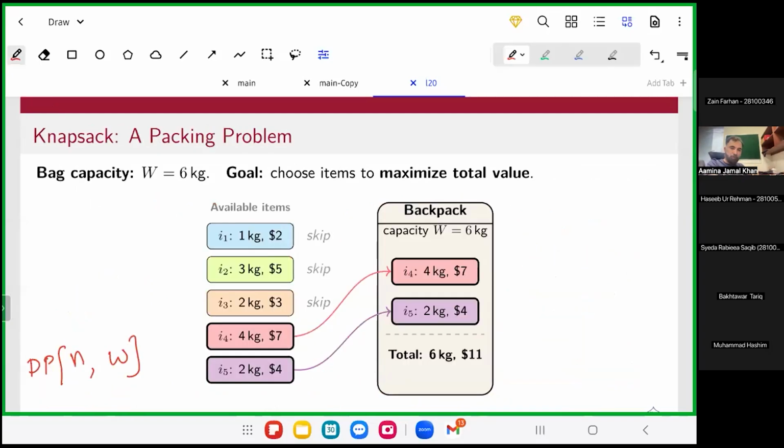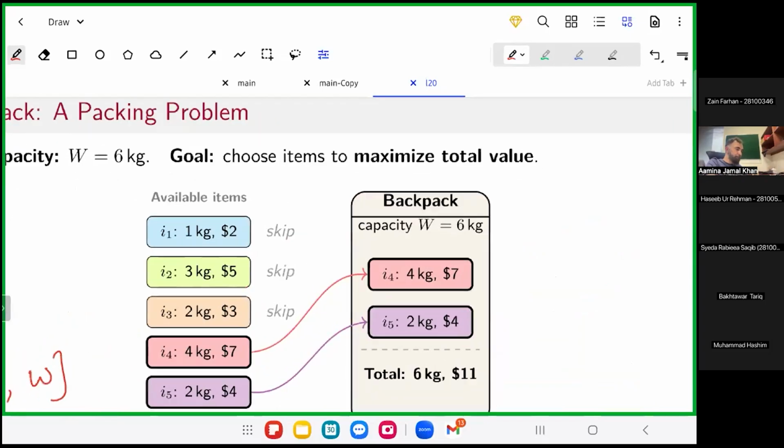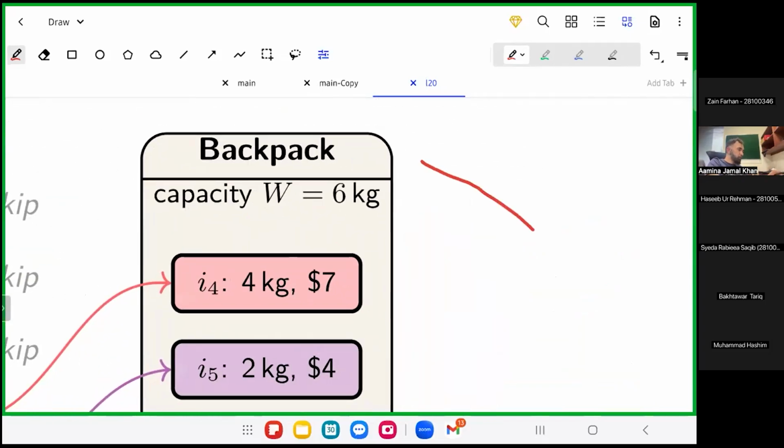I have more space here, so I'm going to use this space. So I have to figure out DP of I comma J based on smaller values of I and J. One possibility is, at this point we have to figure out whether we want to pick the ith item or not, right?